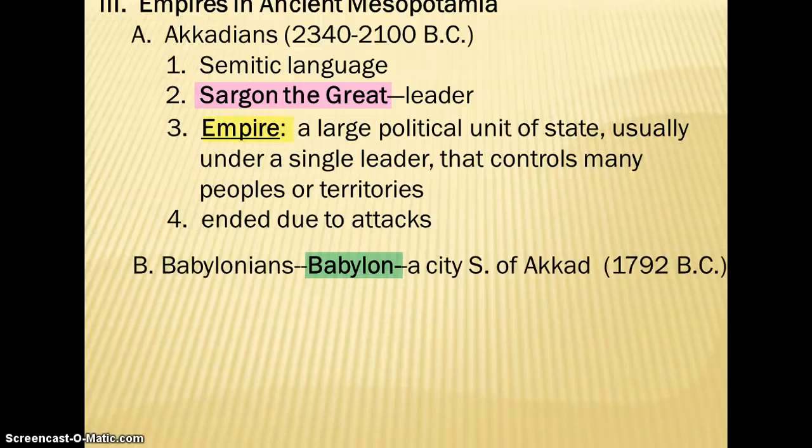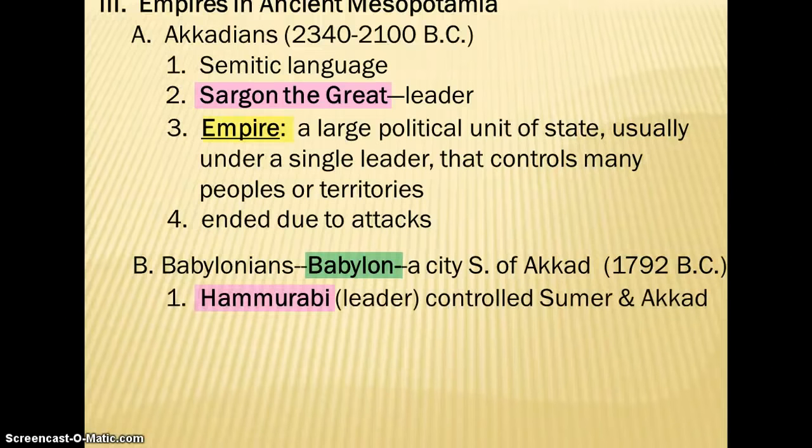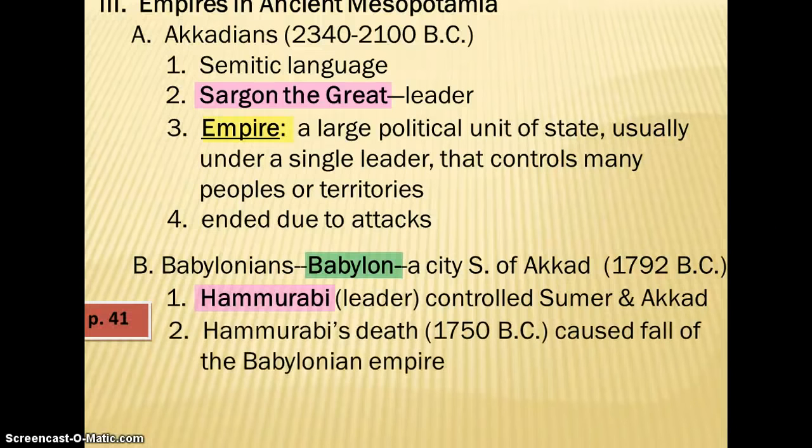The Babylonians were from the city of Babylon, and they ruled from 1792 until their leader, Hammurabi, died in 1750. Hammurabi was a very good leader, and there's a little excerpt on page 41 that talks about Hammurabi and what a good military leader and person he was.